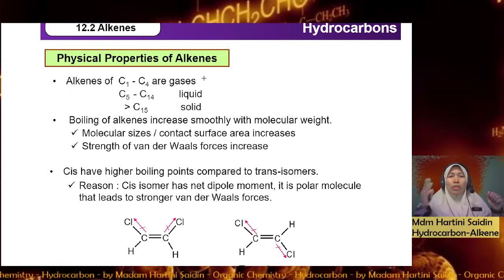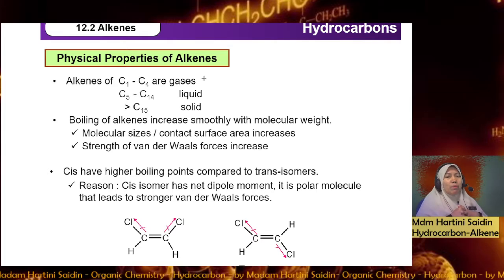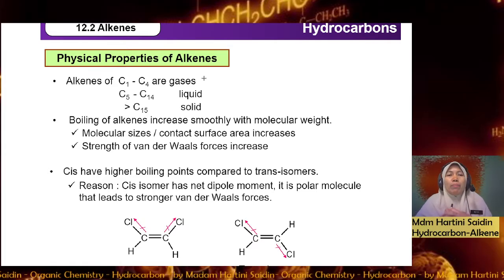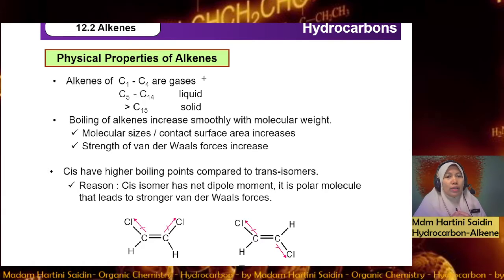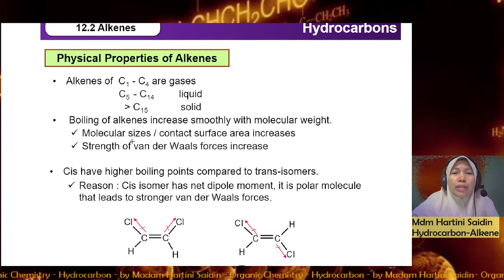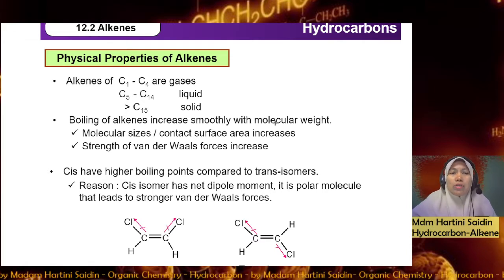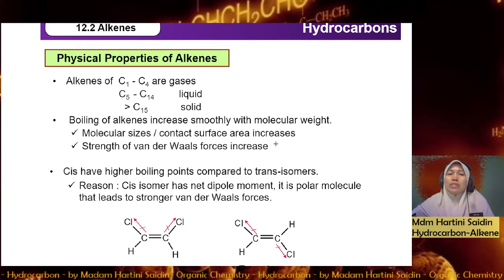But if more than 15 carbon, okay, it will become solid. Now the boiling point of alkenes increase mostly with molecular weight. Okay, so the higher the molecular size or the contact surface area, okay, so the stronger the van der Waals forces. Okay, the stronger the van der Waals forces.